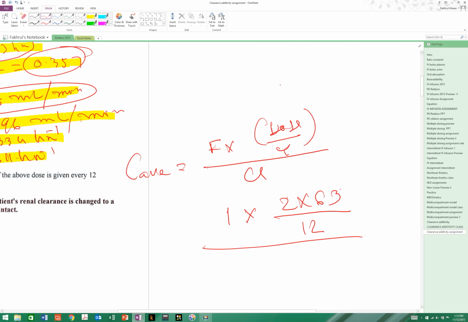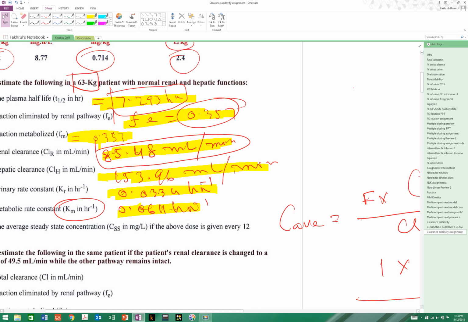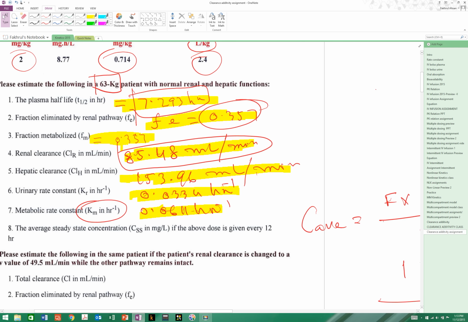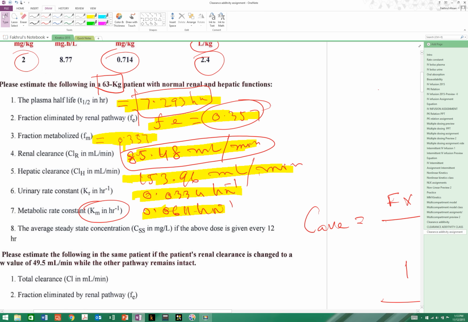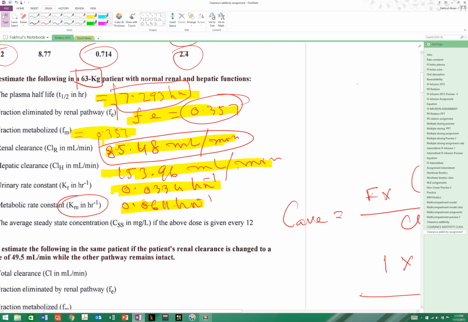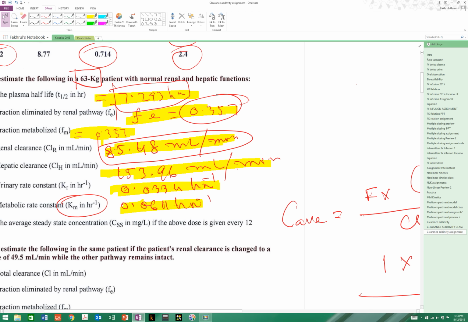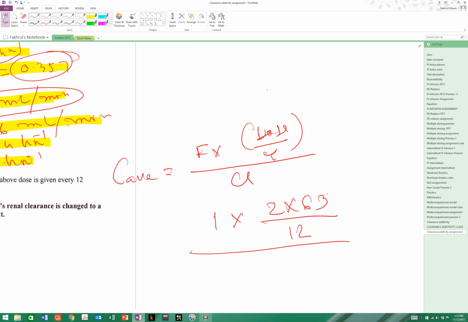What is the CL we have been using? The combination of hepatic clearance and renal clearance, which is 239.57 liter per hour, and this is milligram, this is hour.